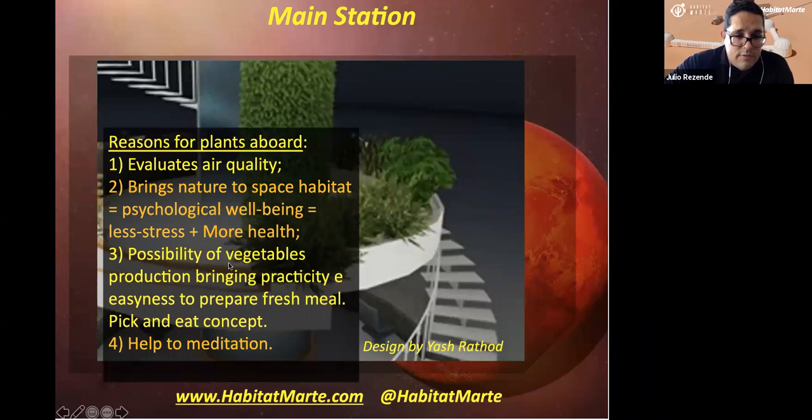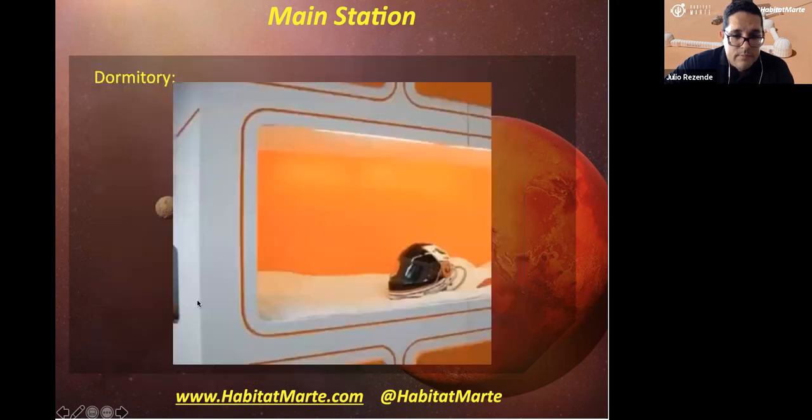Also, the possibility of vegetable production brings more practicality and ease to prepare fresh meals. The concept of pick and eat also helps during processes of meditation. In this case, we have examples of bunks of the dormitories for the astronauts.